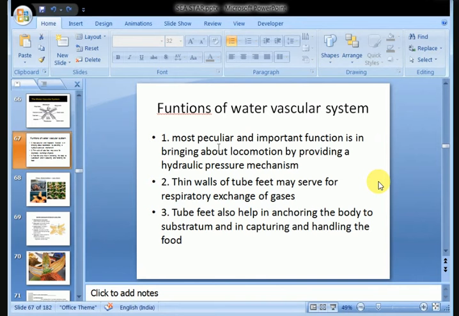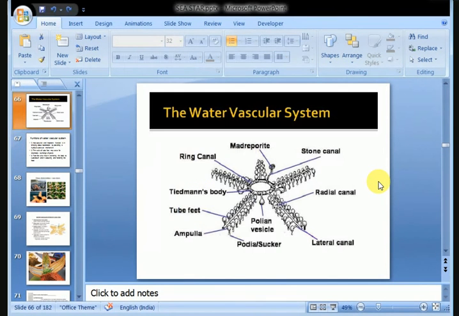So all these three functions are attributed to the water vascular system. Also, all these canals that we have seen, the radial canal, ring canal and lateral canals, are lined internally with ciliated epithelium.